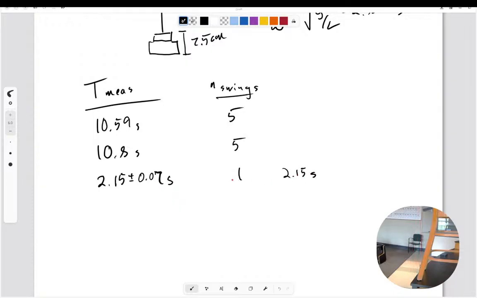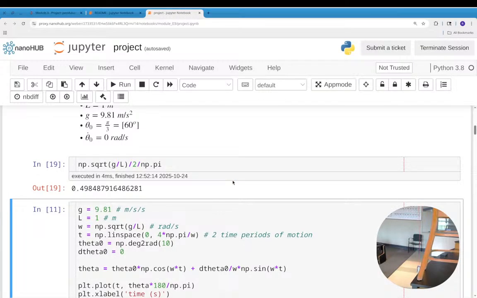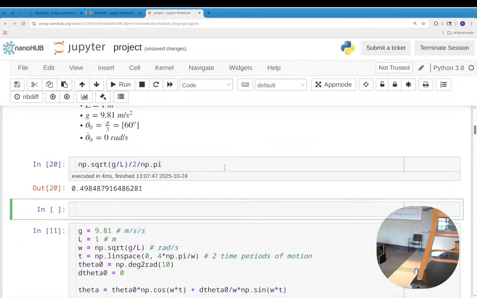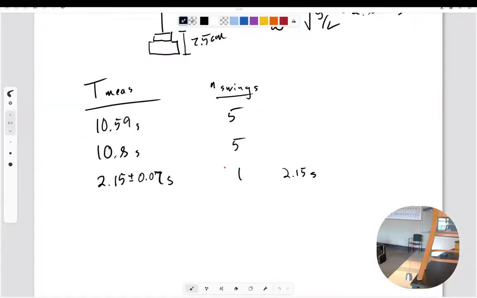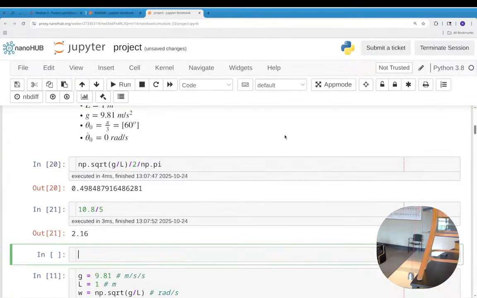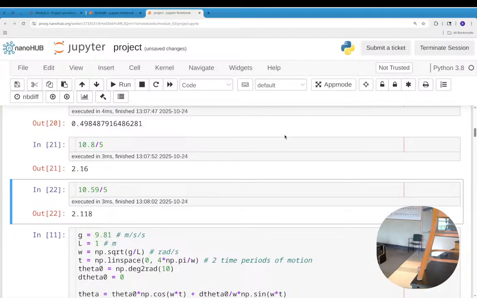And then 10.8 divided by 5 is 2.16. 10.59 divided by 5 is 2.118.